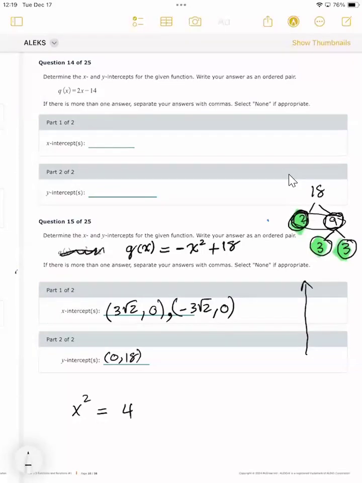This one says negative x squared plus 18. So the graph of it looks like this. You will learn how to graph these kinds of equations, but right now I'm telling you this is how the graph looks.